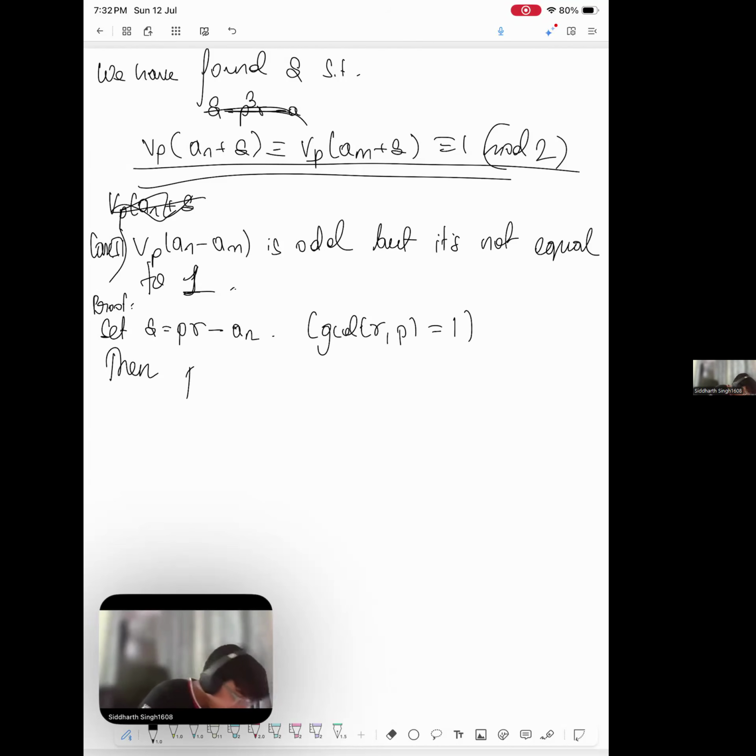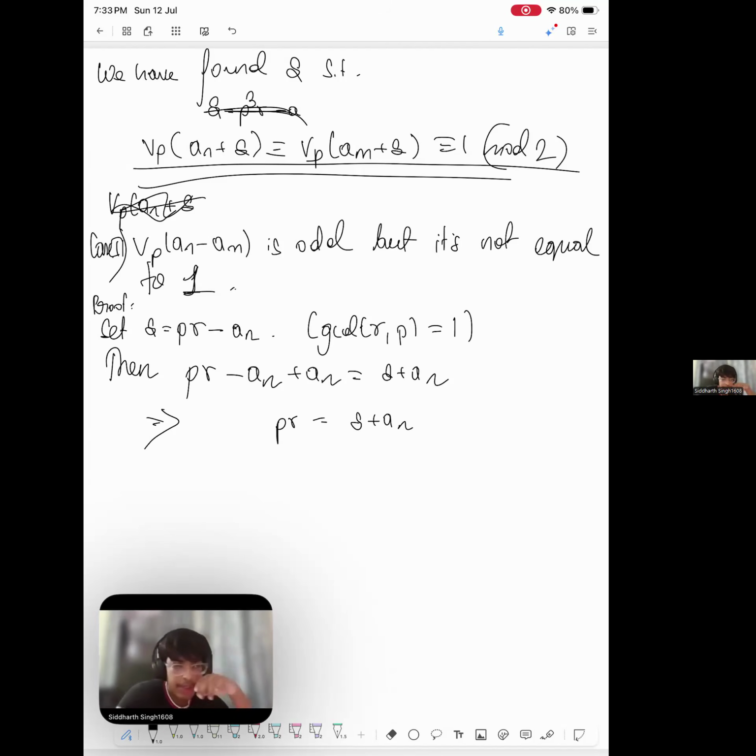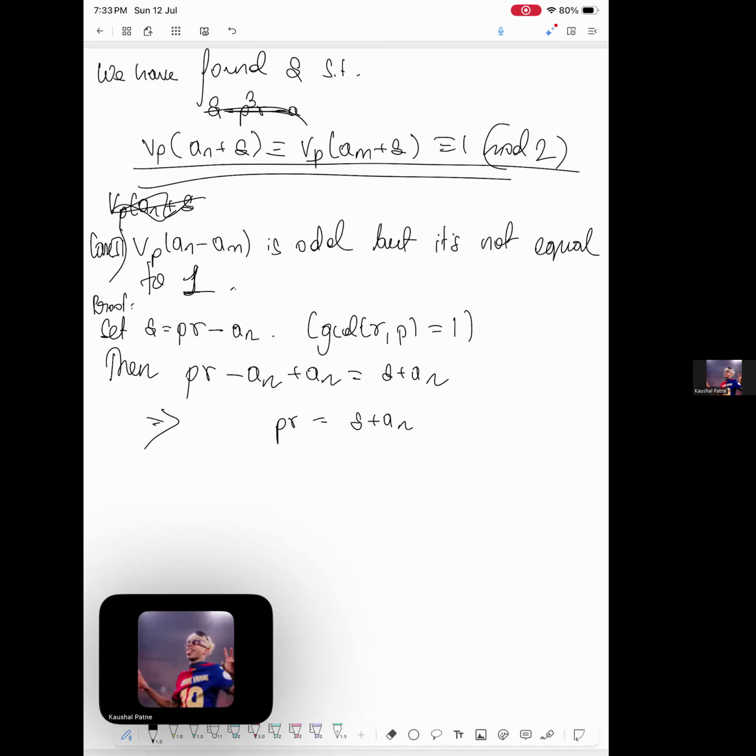Then we would have that PR minus AN plus AN is equal to S plus AN, which implies PR is equal to S plus AN. But now, what is the highest power of P dividing PR, where R is odd? What is that? Can anyone answer real quick? 1 again. Exactly.